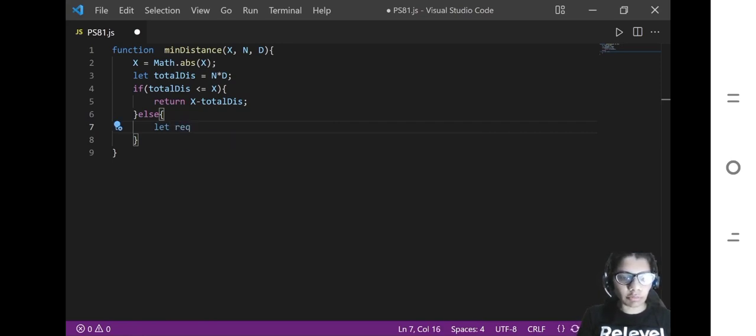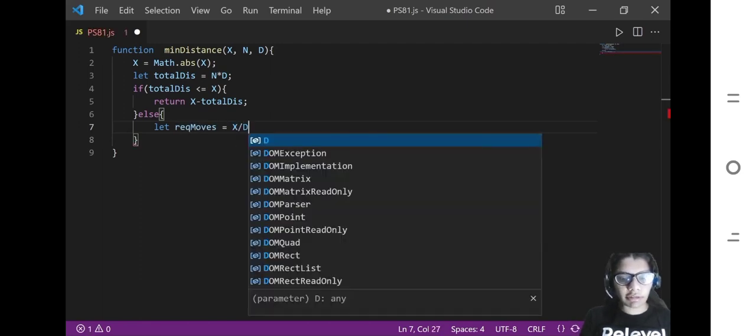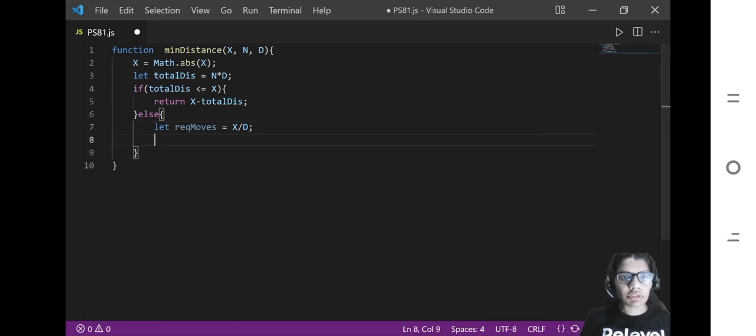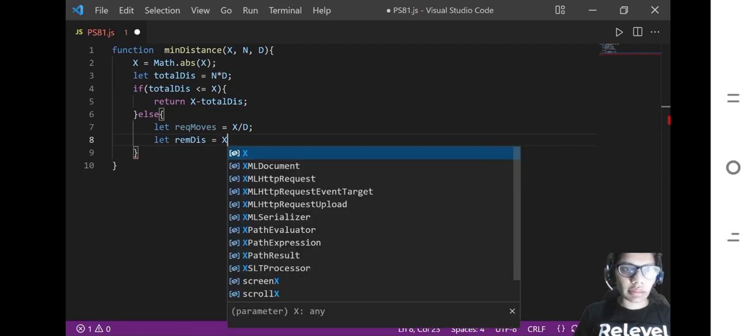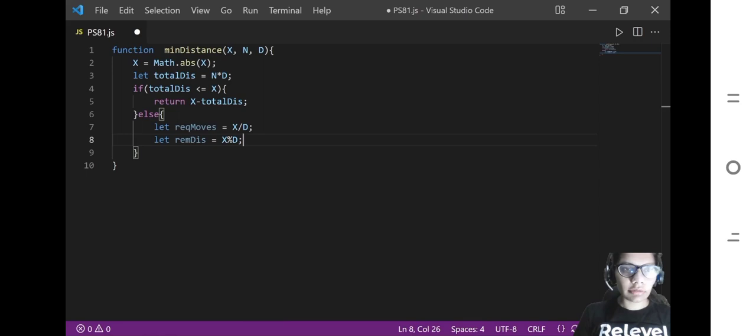So let's say required moves are equals to total distance x divided by d. These were your required moves, and your remaining distance after making the required moves would be equals to x modulo d.